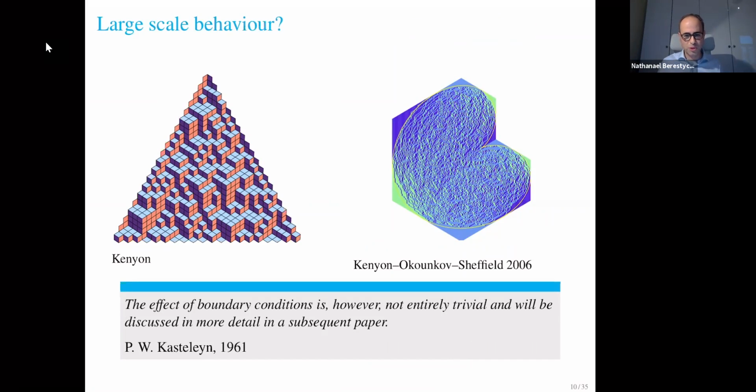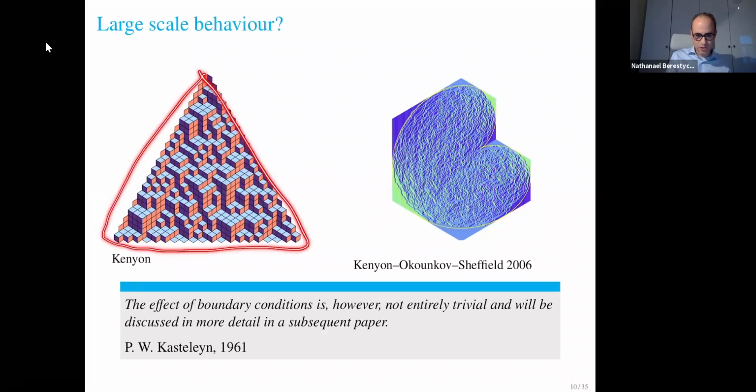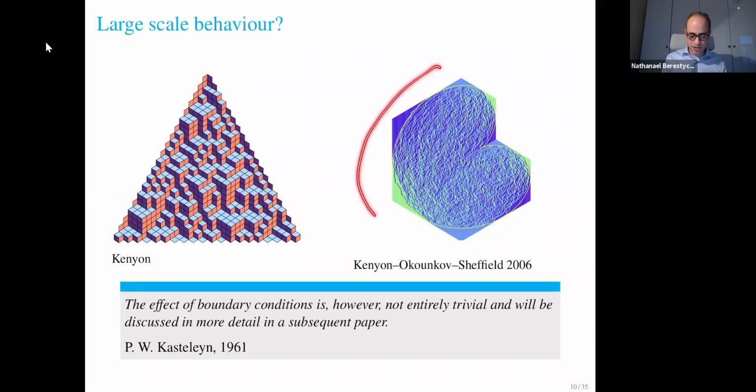So here are two pictures taken shamelessly from a work of Kenyon on the left and Kenyon, Okounkov, Sheffield on the right. And you can see that depending on the exact nature of the behavior of the domain near the boundary, some very different behaviors can occur.